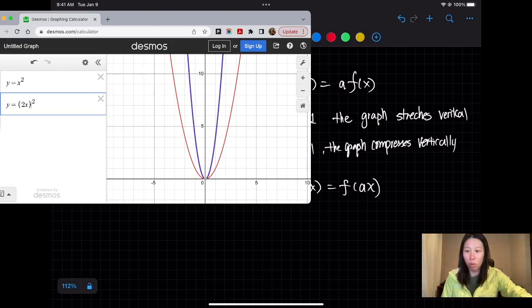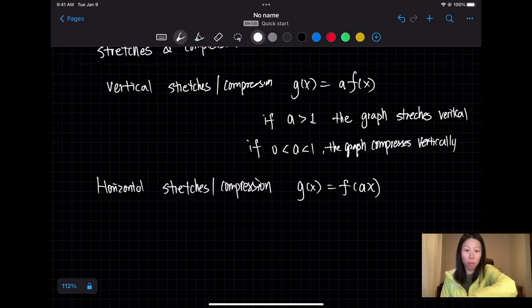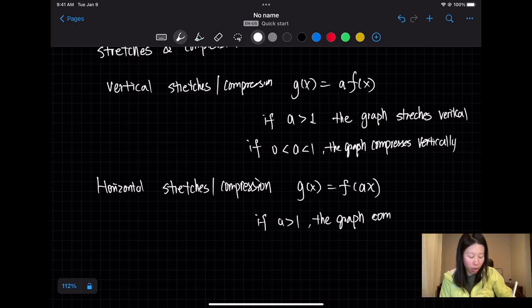So now, what if I multiply by some number less than 1? Well, you're getting fatter, right? If you're getting fatter, like these stretchy sleeves, you're going to be stretched. So that means if you multiply x by a number greater than 1, the graph is going to be compressed horizontally.